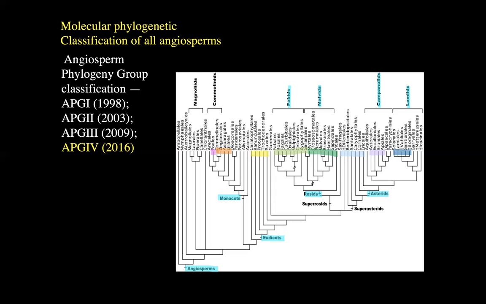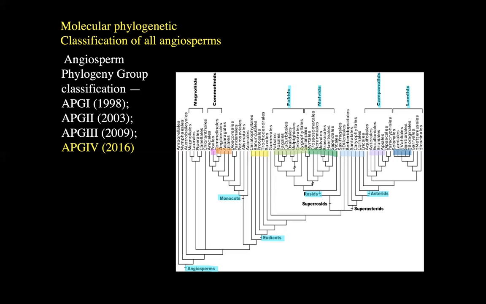Then within the superasterids, there's another grade of different orders. Again, not sharing a single feature, but kind of one-offs along in that light blue color there. I call that group the superasterids. That's where we'll find cactus, and a lot of, I don't know, shrubs, flowers, all kinds of things there.